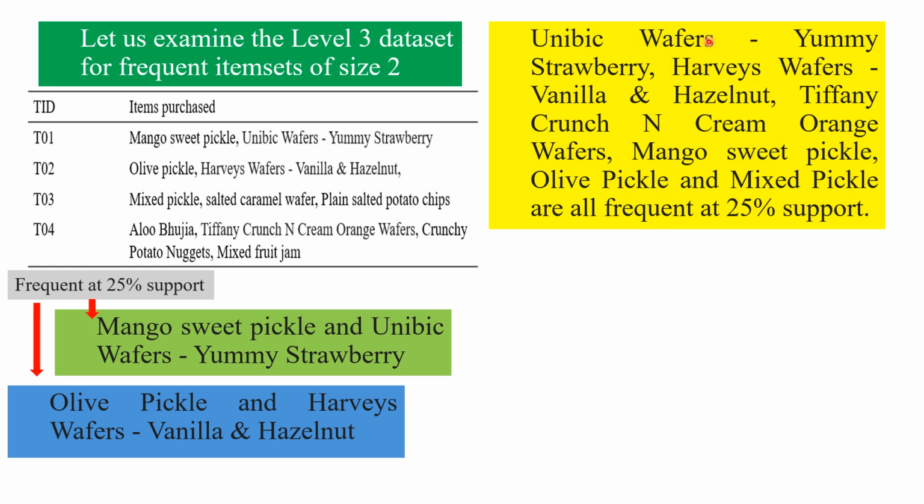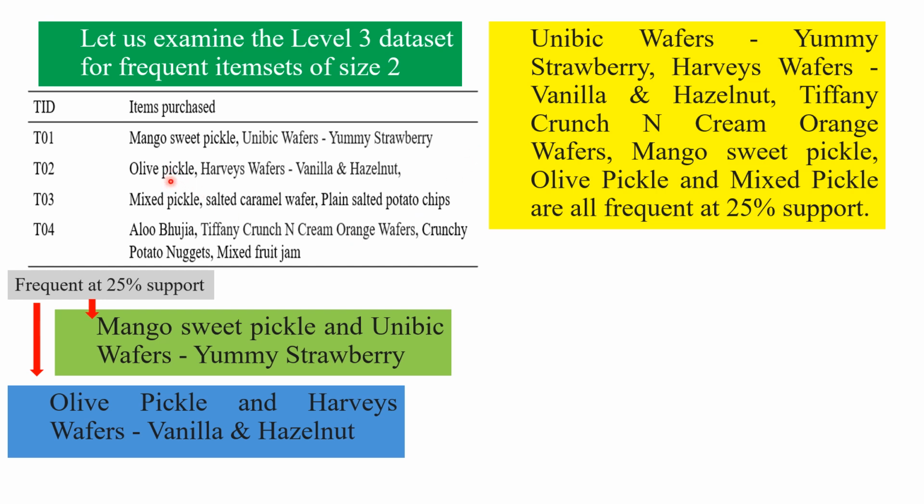Now, when we look at the pairs in the transaction database, that is the level 3 data set, what do we see? That mango sweet pickle and unibic wafers are bought together because their frequency count is 1, which is the required count.